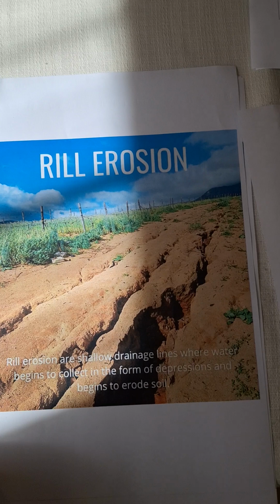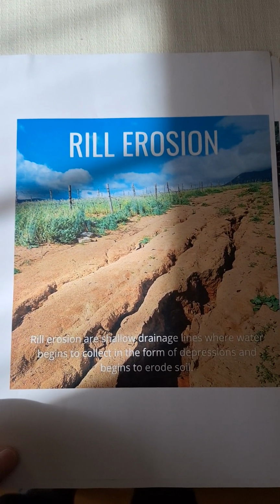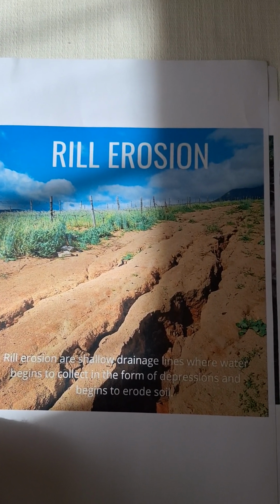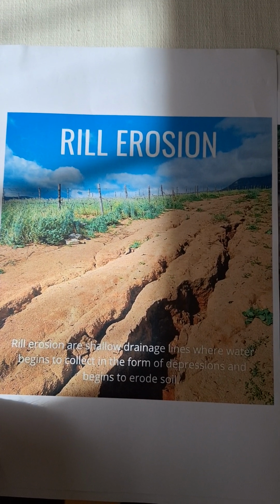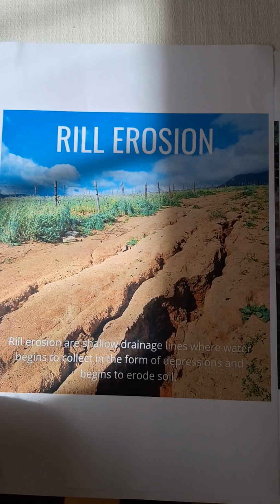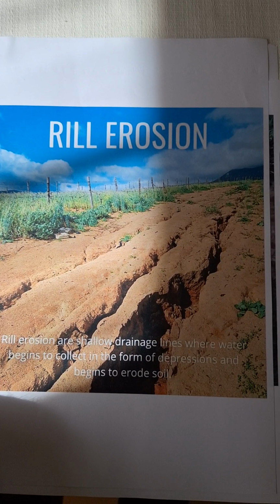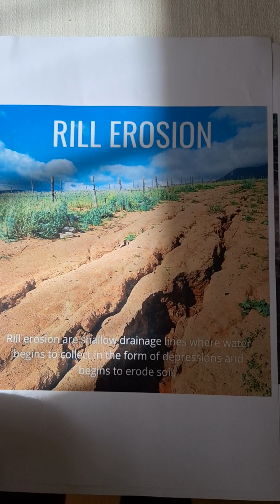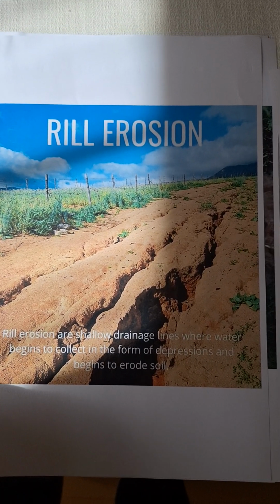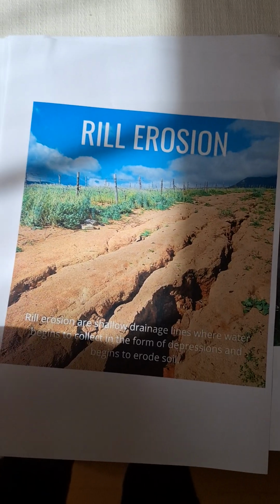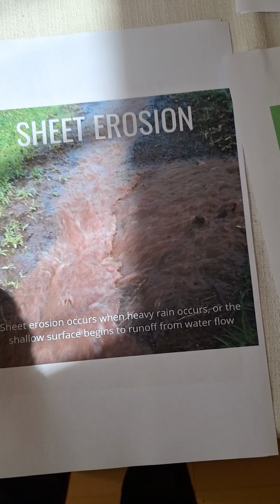To show them the different types of erosion, I would use photographs. These real-world photographs will create a direct connection to the topic, and I would use these photographs during the explanations. For instance, that first photograph shows the image of rill erosion.